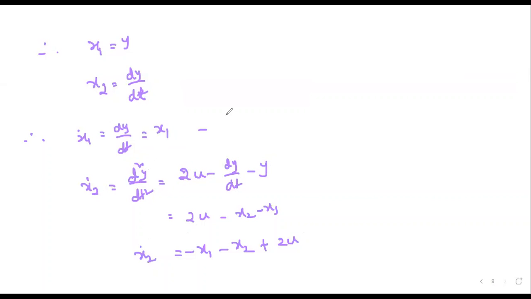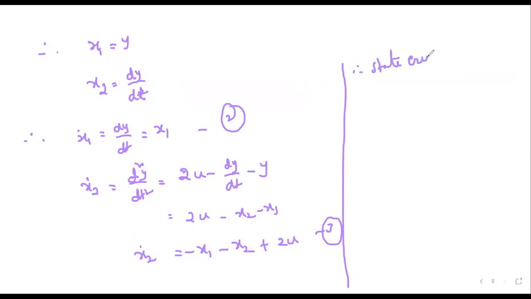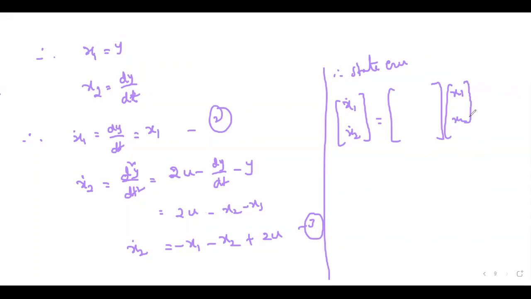Now from the second equation and third equation, we can get the state matrix. What is the state matrix? Therefore the state equation is x1 dot, x2 dot is equal to a 2 by 2 matrix into x1, x2, plus a 2 by 1 matrix into u.